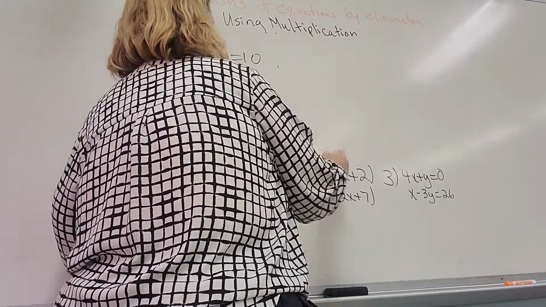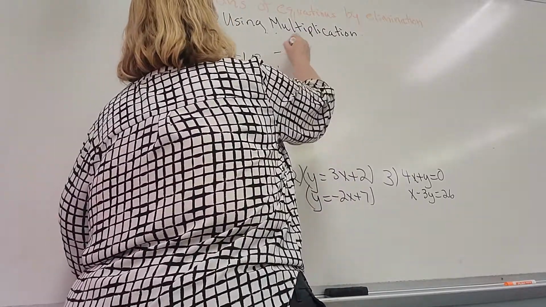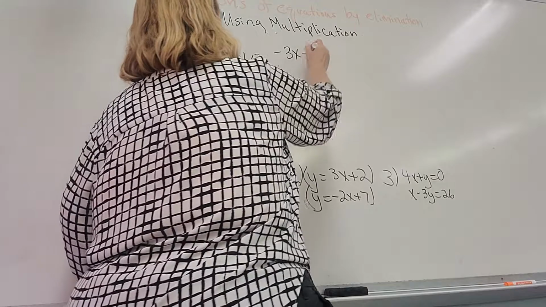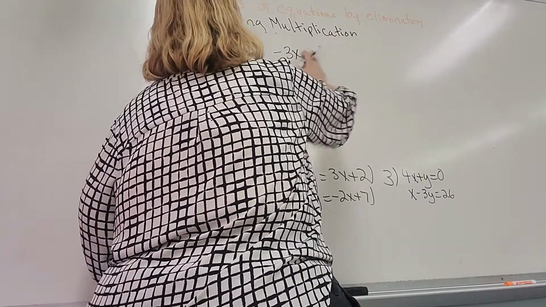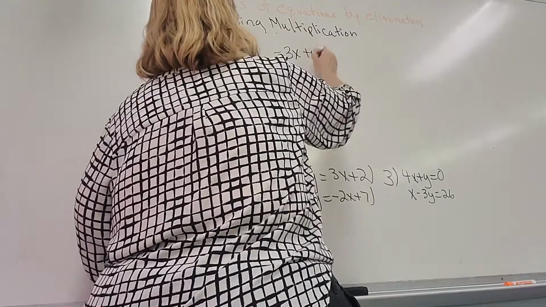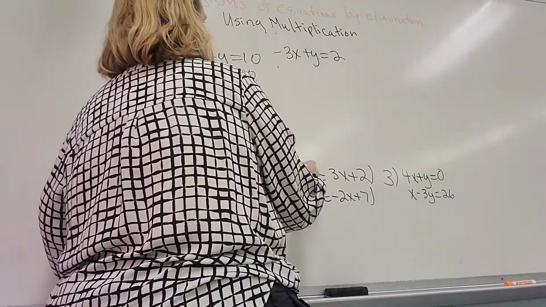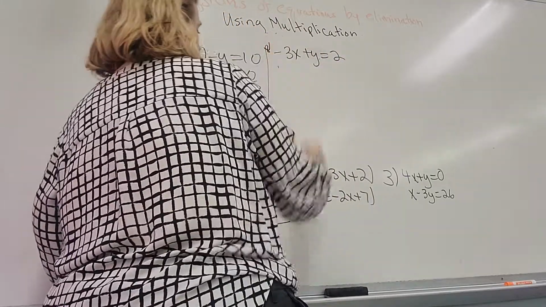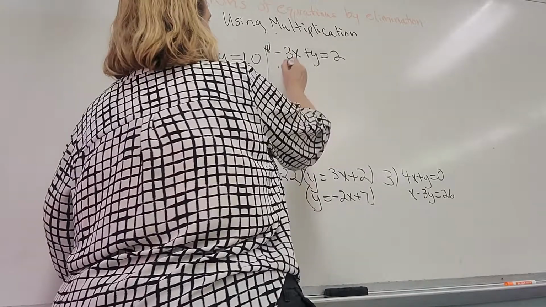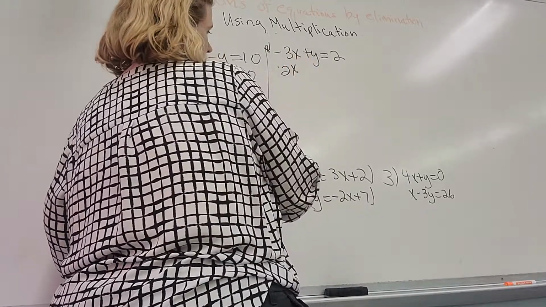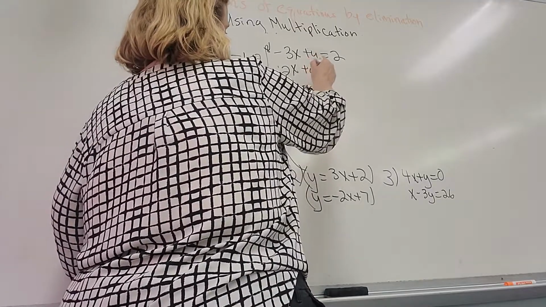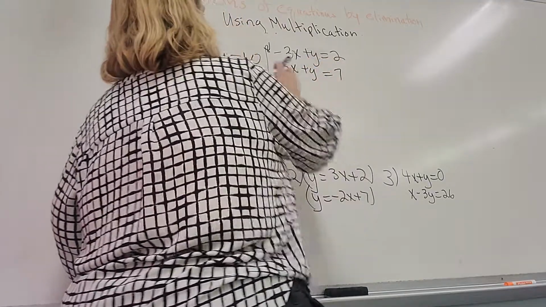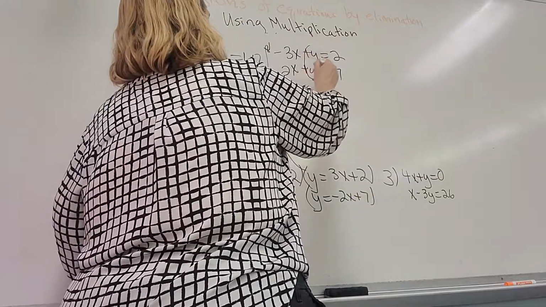So 3x needs to be on this side, so it's going to be -3x plus y equals 2 from that one. This one will be +2x plus y equals 7.